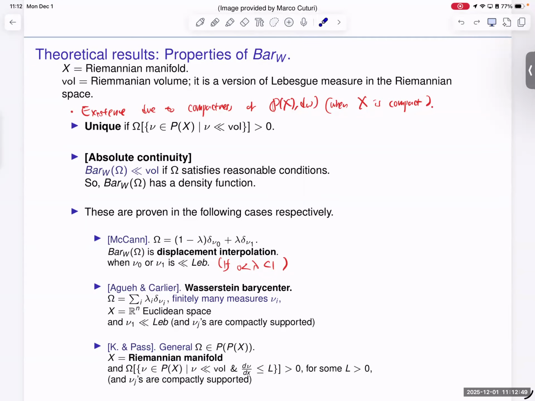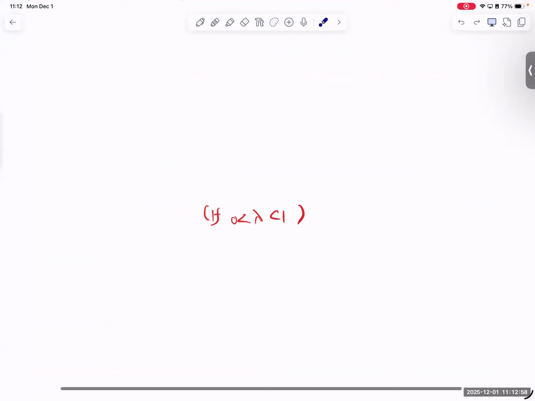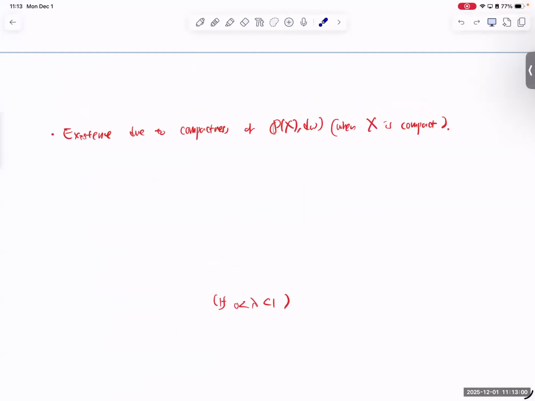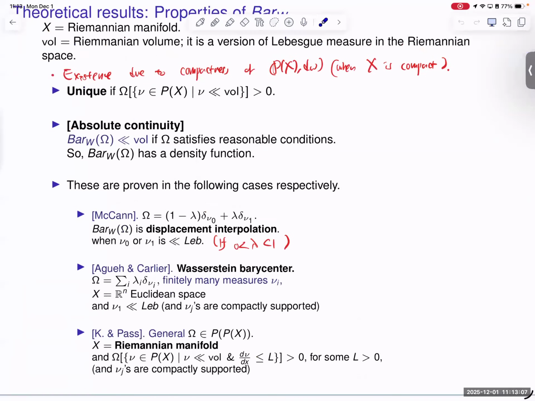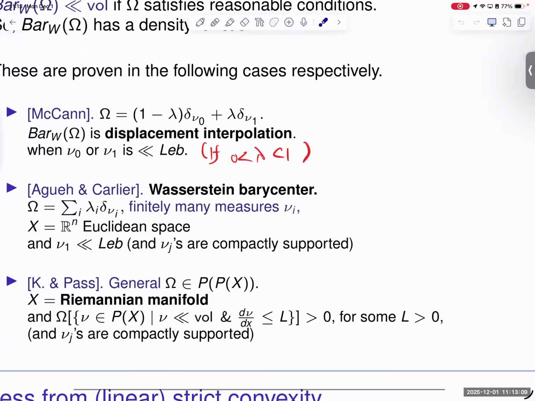We just pick some number L, and then those measures that are absolutely continuous with respect to the Riemannian volume, but whose density is less than that number L, we consider the set of such measures.